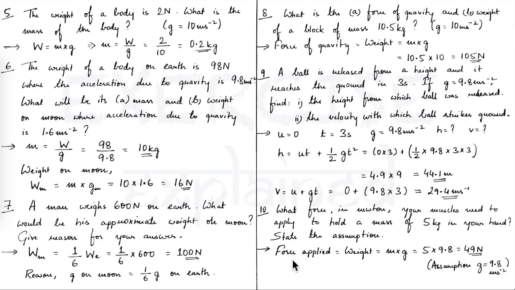So I have written force applied is equal to weight. So that is equal to m into g. So mass into acceleration due to gravity. So that happens to be 5 into 9.8, which is 49 newtons. So this is the minimum force required for us to hold an object of mass 5 kg in our hand.